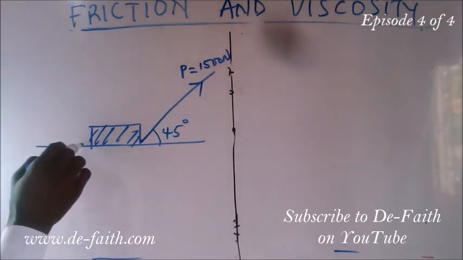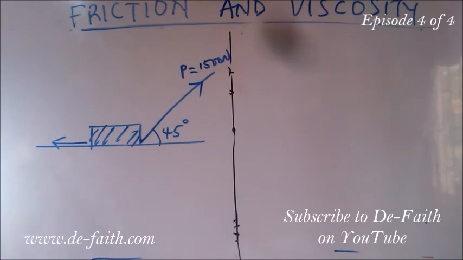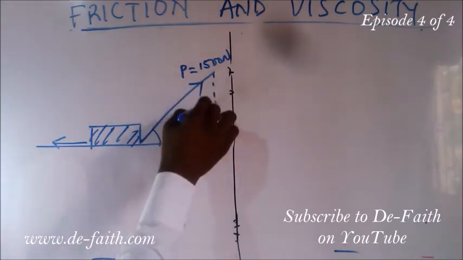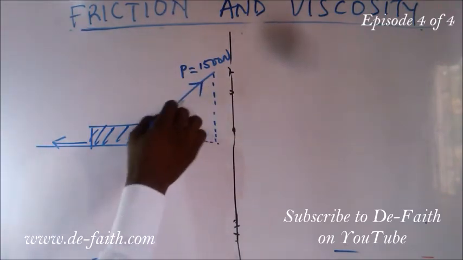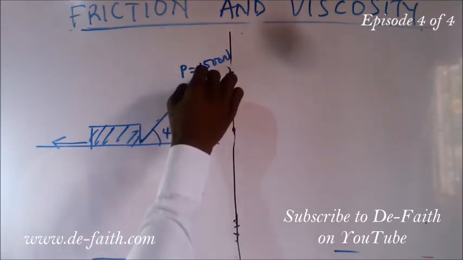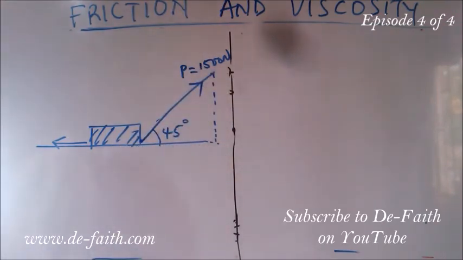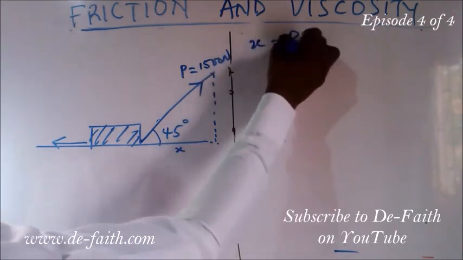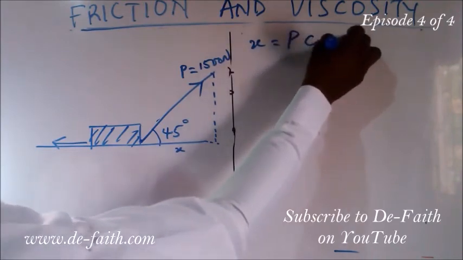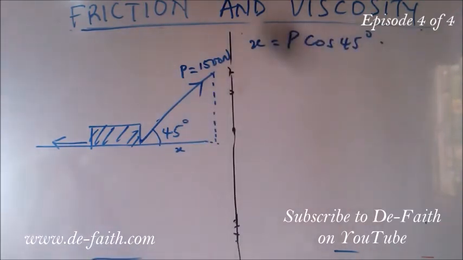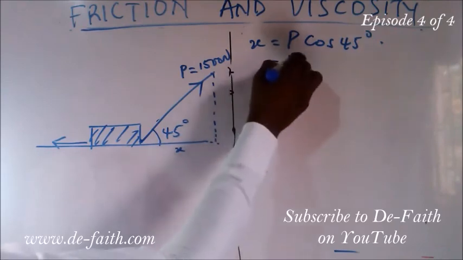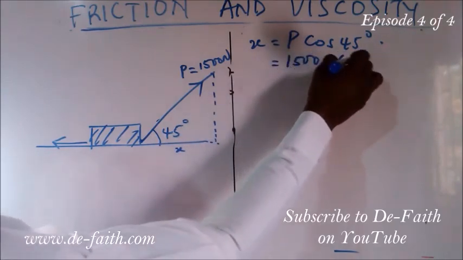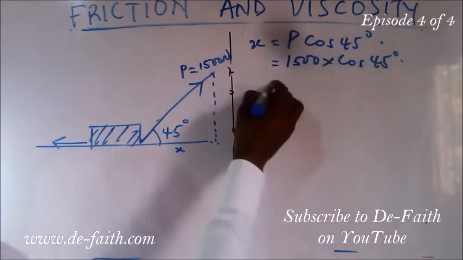So we have a frictional force that is opposing the movement. So what we will do is as simple as resolving this 1500 Newton in a horizontal direction. And when we resolve it, this is our x, equal to P cos 45 degrees. The P is 1500 times cos 45 degrees.